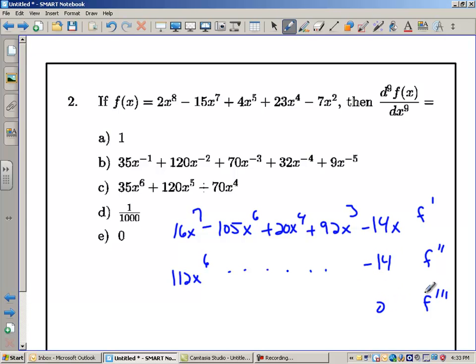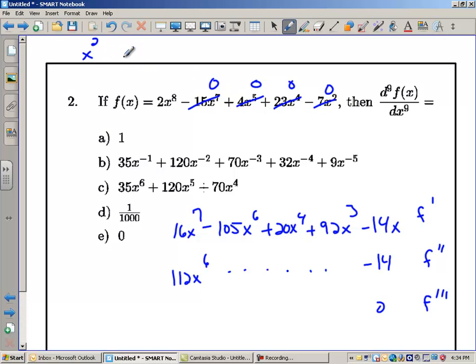So what we're going to do is think about this. If I were to take the derivative 8 times, I would run out of all of these terms because they would eventually go to 0, because I'm taking one more derivative than the power of x. Let's back up just a little bit and make sure you understand that.